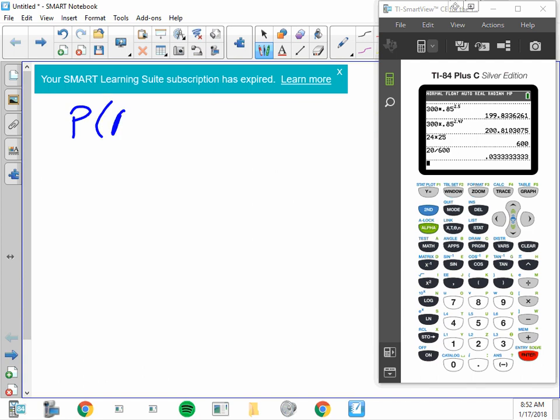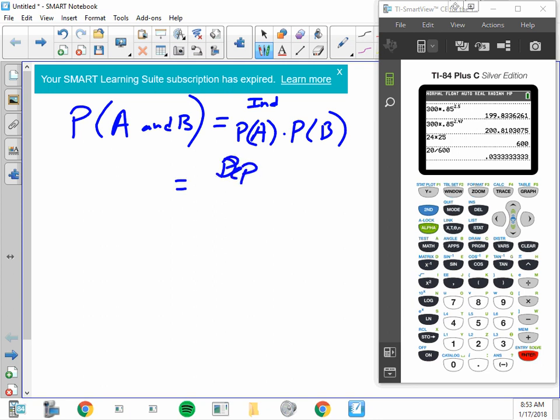Probability of A and B. Well, if they are independent, then we just do P of A times P of B. That's easy. But if they're dependent, then it's the probability of A times the probability of B given A. So that right there says given.